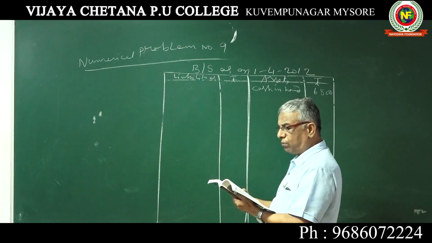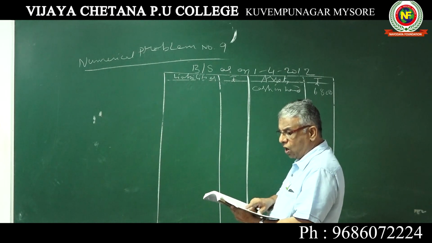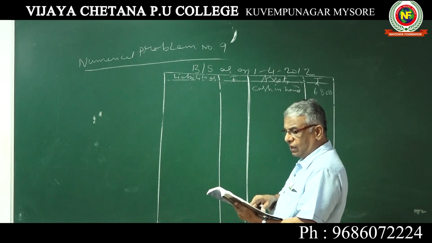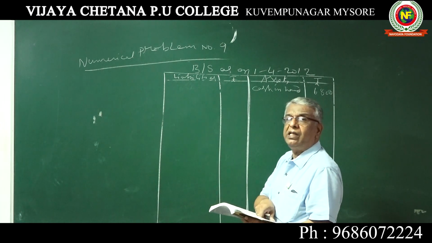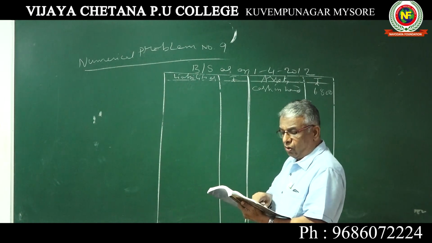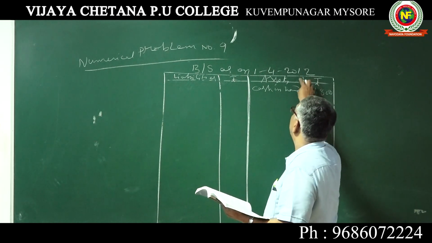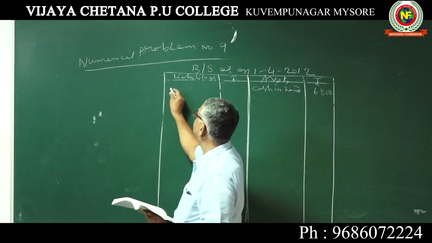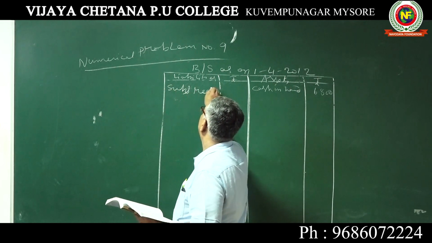And you come to these adjustments, students. Subscription received in advance. As on 1/4/2012, they have received a subscription in advance. That means they have received subscription which relates to the next year. Therefore this 1,000 rupees constitutes a liability for the year 2012.